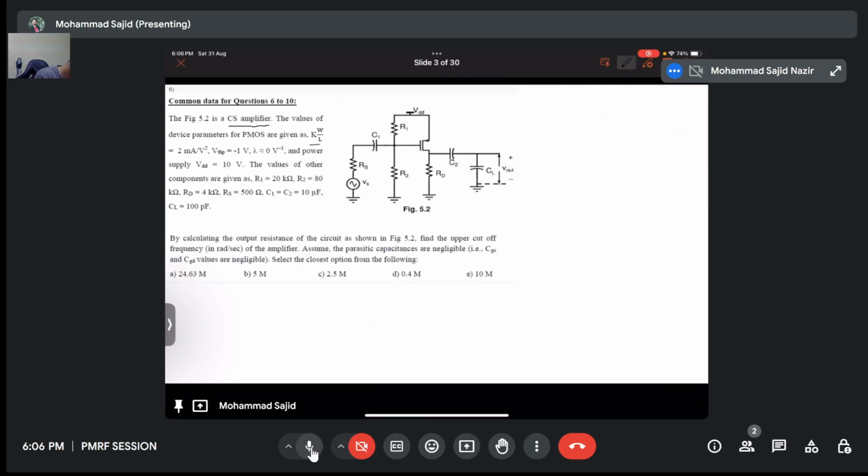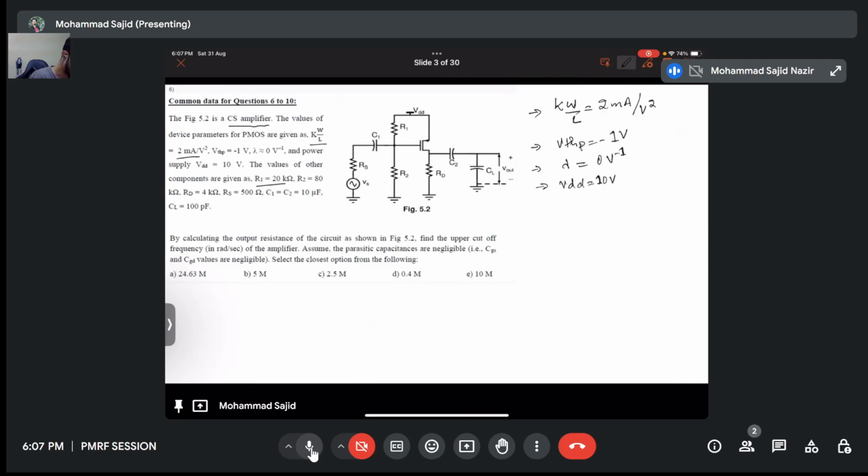Channel length modulation is 0 volts and VTH is standard.